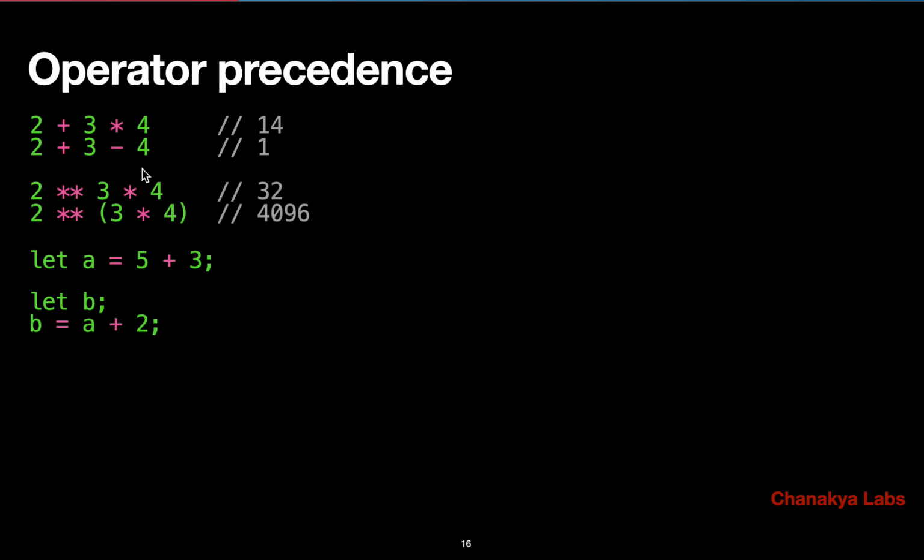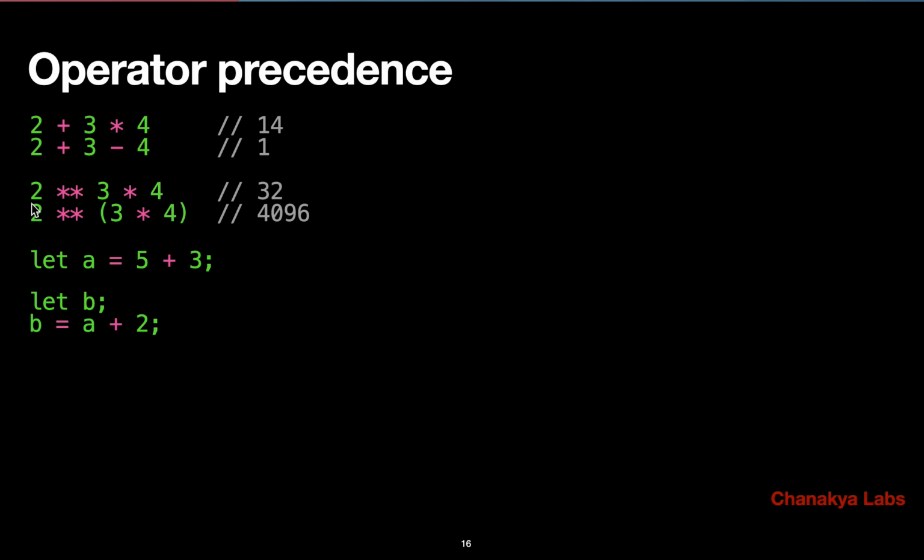As you can see, when you execute this you are going to have the answer 14. So we can see that there are a lot of operators, and there has to be some rule, some logic of how they are given preference in order of computation. Similarly, let's say we have the exponentiation operator, 2 raised to the power 3, and then multiplied by 4.